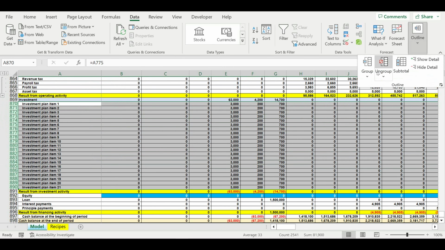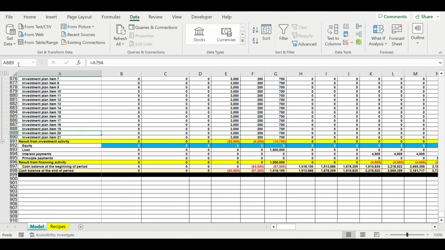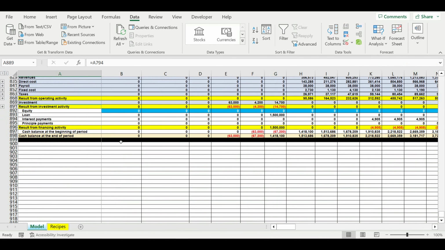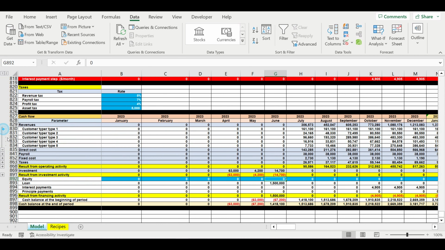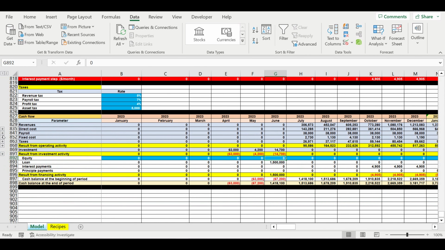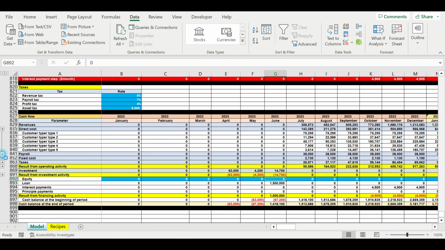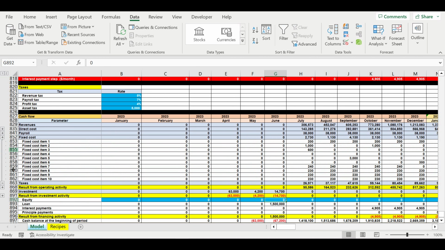So now we can hide all these lines. So now we can see our cash flow statement collapsed. So we can dive into details like this.